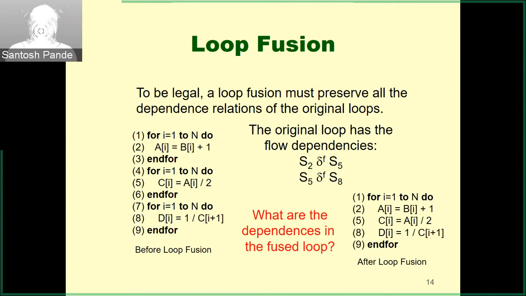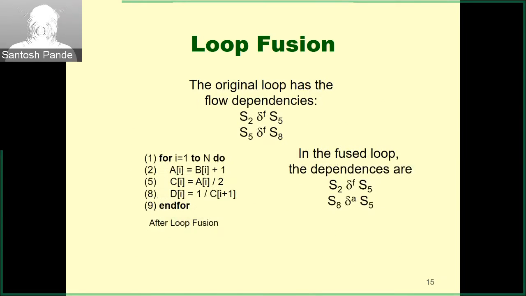And what are the dependencies in the fused loop? So we do have the dependence between S2 and S5, flow dependence, which is loop independent now, which is maintained there, which is perfectly fine. But we do have, unfortunately, a dependence here, as you can imagine.